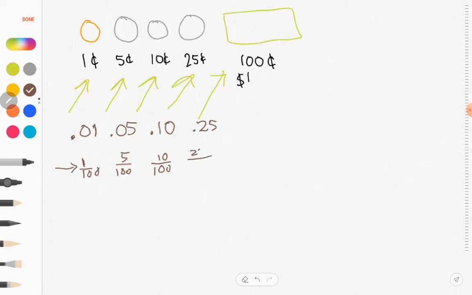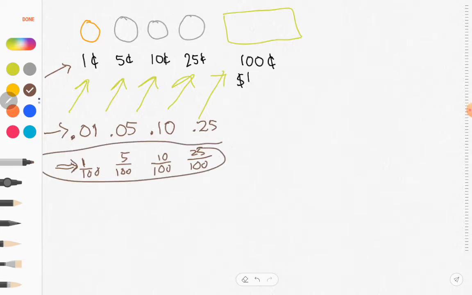This would be 25/100ths. So this is money, this is decimal, and this is fraction. Right, we're not going to do any fraction problems today. We're only going to be dealing with our decimals.